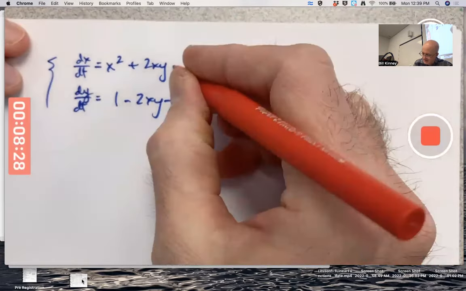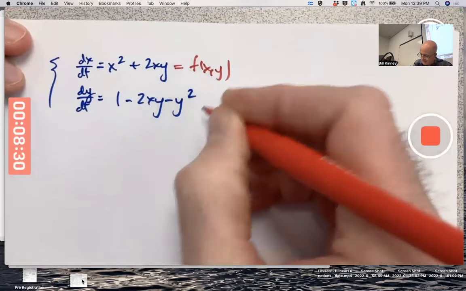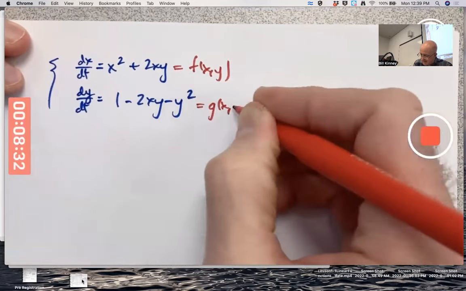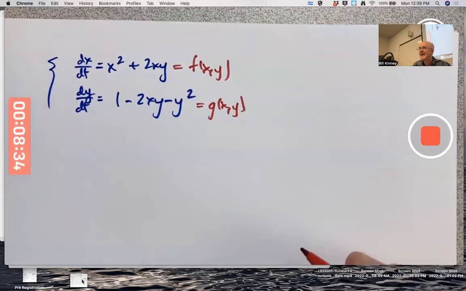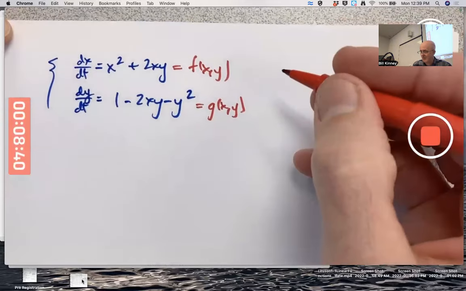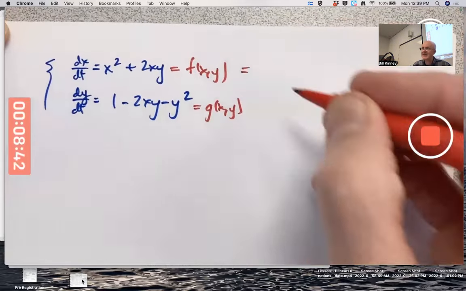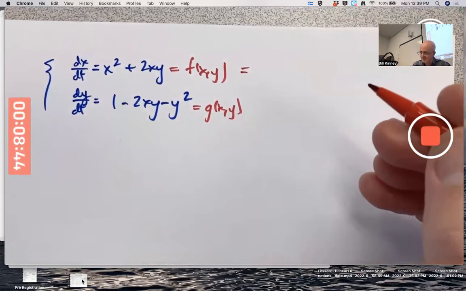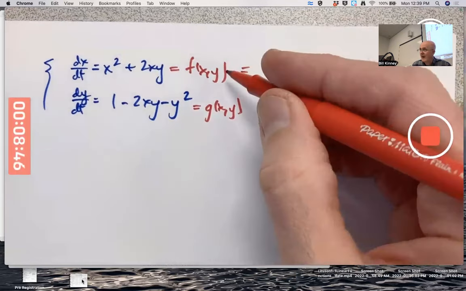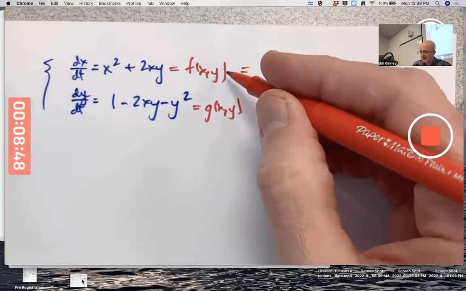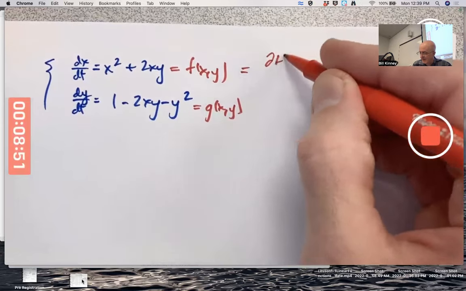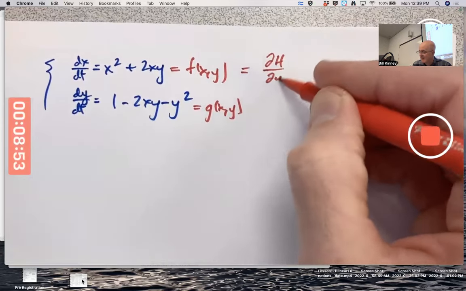Call this function little f of x,y and this function little g of x,y initially. There's a test. What's the test based on? It's based on the fact that if this is a Hamiltonian system, then the right-hand side of the first equation is the partial derivative of the Hamiltonian function with respect to the second variable.